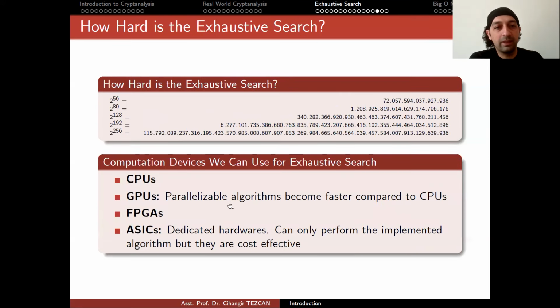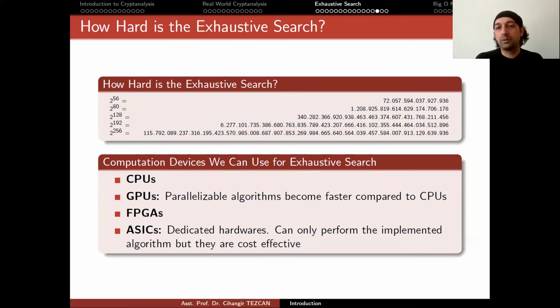In a recent work, I showed that by using a single modern GPU like an RTX 3070, an exhaustive search attack on DES, which requires 2^56 encryptions, takes less than a year.